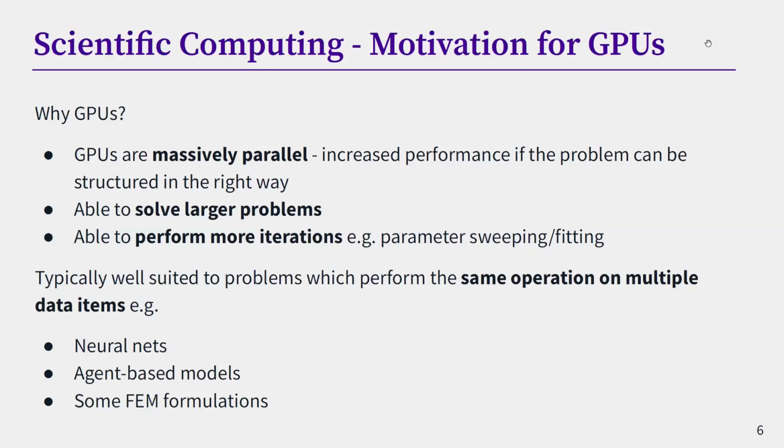It lets us do bigger problems, solve them faster, and run them more times. Lots of scientific computing applications are well suited to this. We've got neural nets with AI, very famous. Agent-based models, which is a lot of the work that I do. Some finite element formulations and things like this can all be broken down to work well with a GPU.